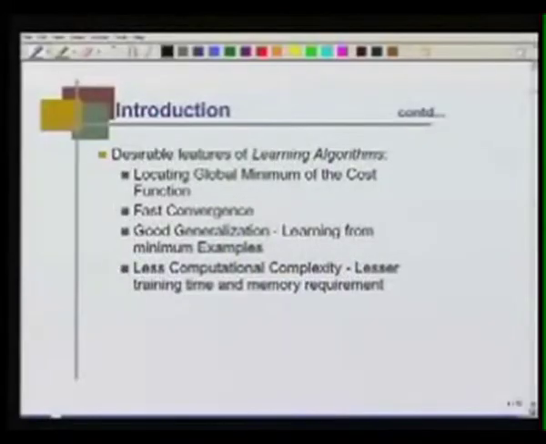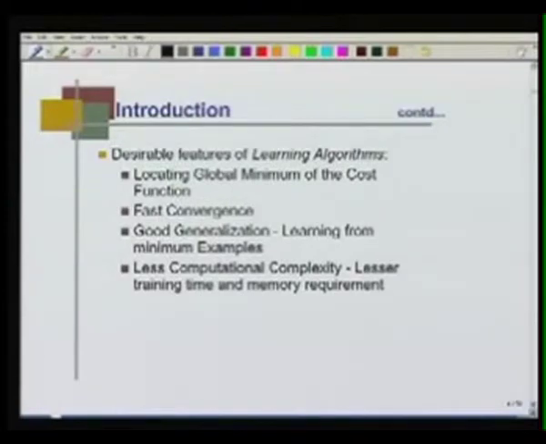Desirable features of a learning algorithm: locating the global minimum of the cost function, fast convergence, and good generalization, that is, learning from minimum examples.